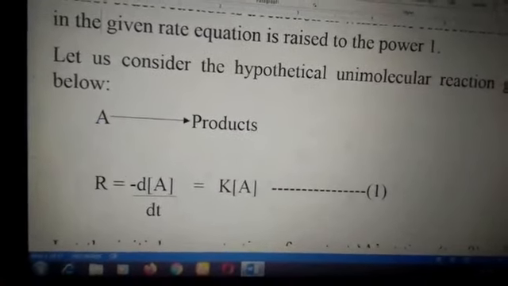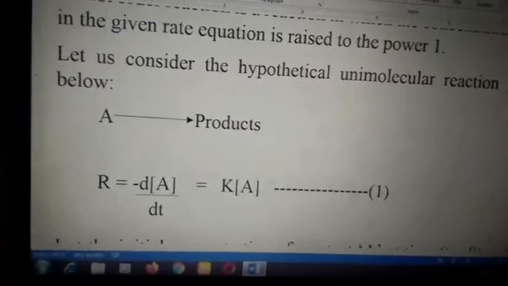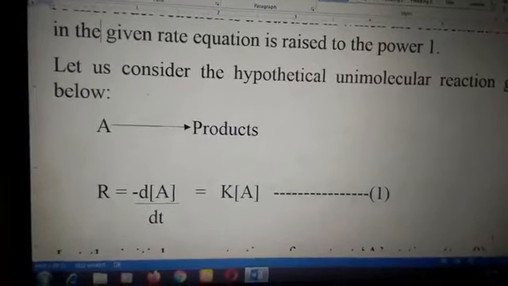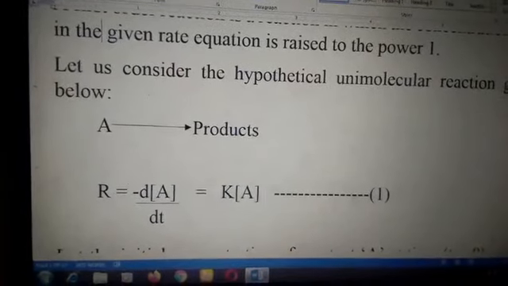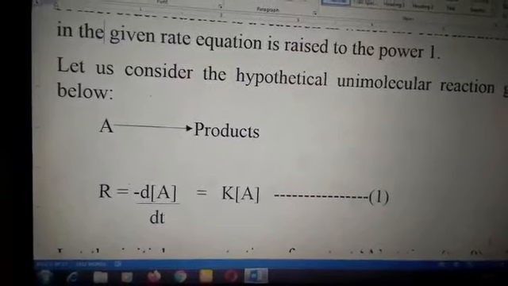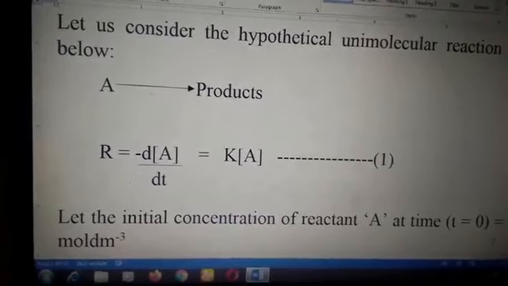So [A] is interpreted as concentration of A, and that d in front means change, signifying final concentration of A minus initial concentration of A, over change in time. So rate is the change in concentration of a substance over change in time.